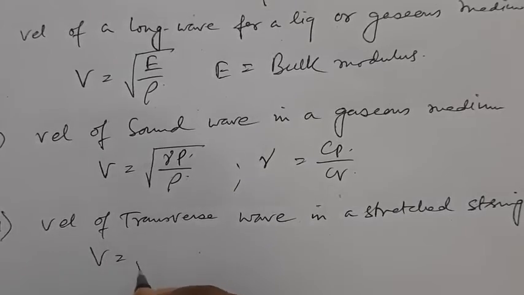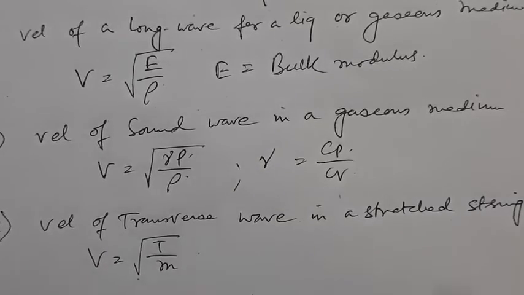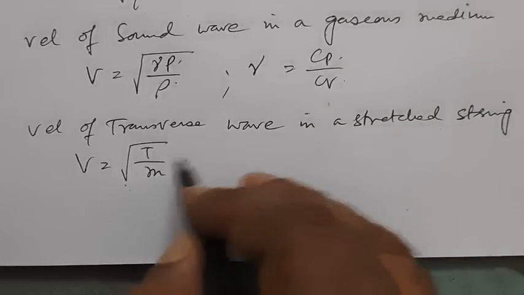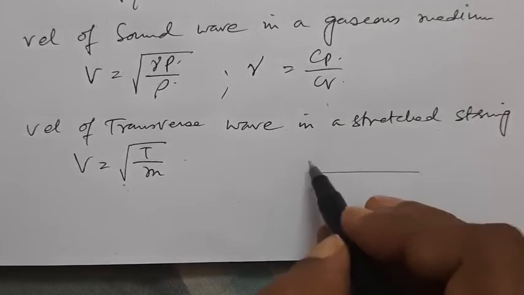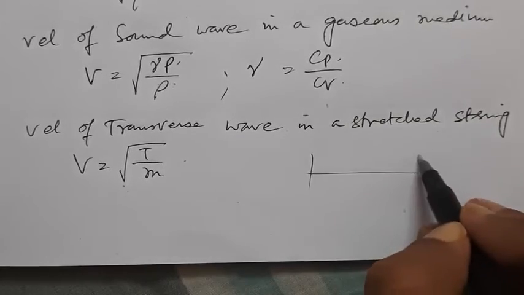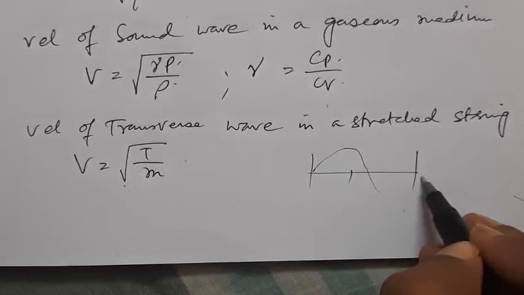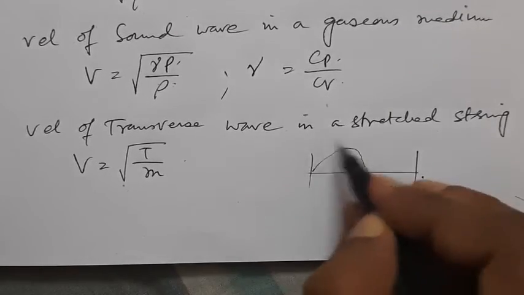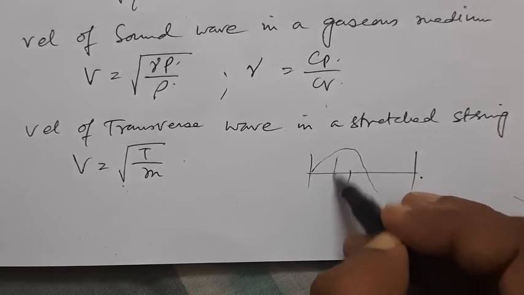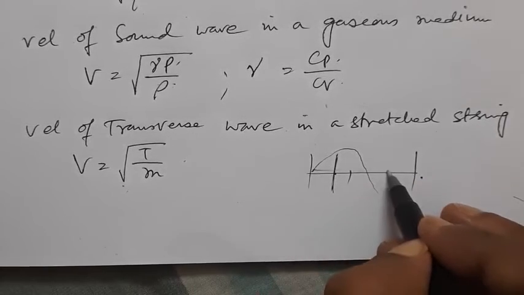We can write V is equal to square root of T by M. Transverse wave in a straight string, we already discussed this. We can plug this string here, so a wave will flow like this. This is the transverse wave, because the particles are oscillating in a direction perpendicular to the flow of energy.